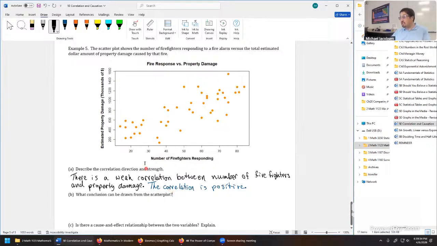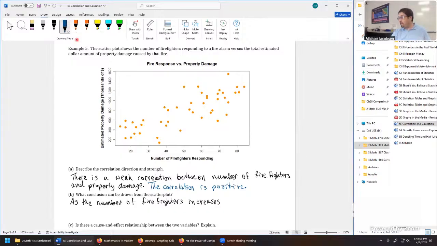If the correlation is positive, then we can say, as the number of firefighters increases, so going left to right on that horizontal variable, the estimated property damage, we don't want to say anything that could imply cause and effect whatsoever.